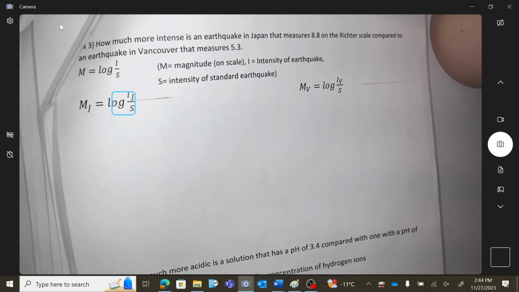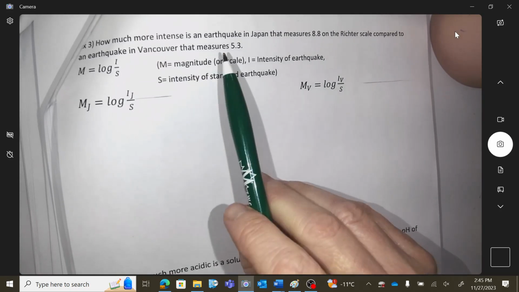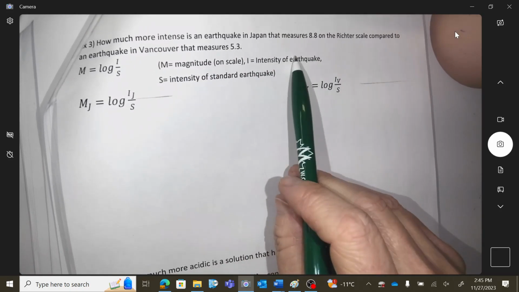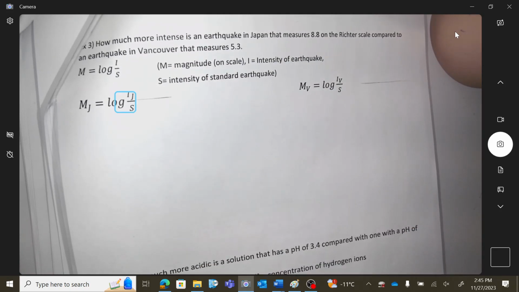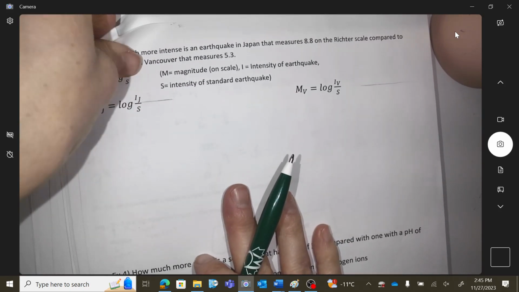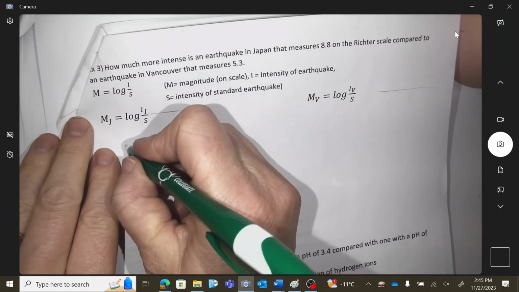Okay, the earthquake question. How much more intense is an earthquake in Japan that measures 8.8 on a Richter compared to Vancouver at 5.3? Okay, so let's go here.